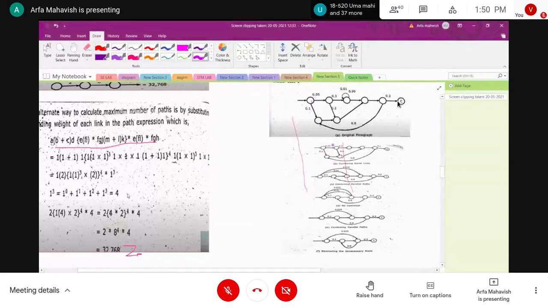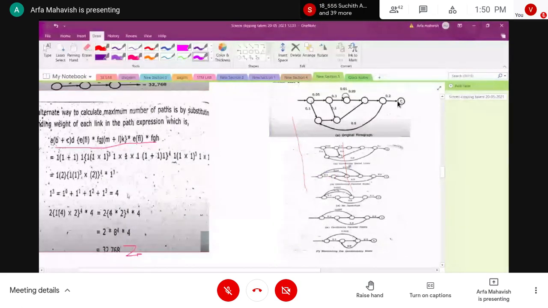Then with this graph, you are combining the serial links by removing the nodes, and you get this point. This is your serial link reduction. Then we find 0.1, 0.001, 0.015.